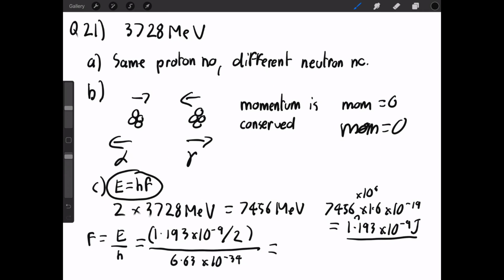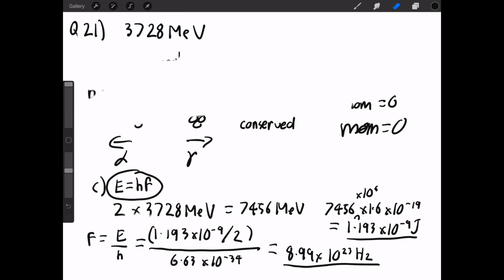And that will give us an answer in hertz, 8.99 times 10 to the 23 hertz. So that's quite a high frequency photon. That's certainly in the gamma sort of region, I suspect. Right, I think there's more. Yep, there is, so let's make some room.